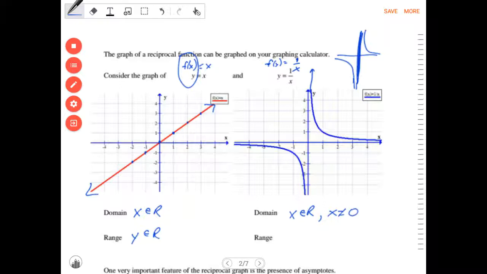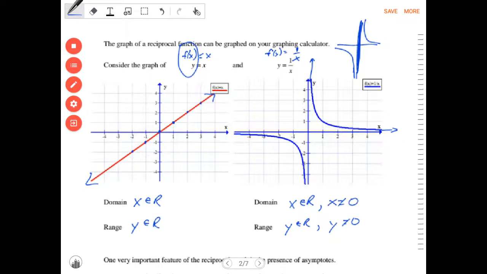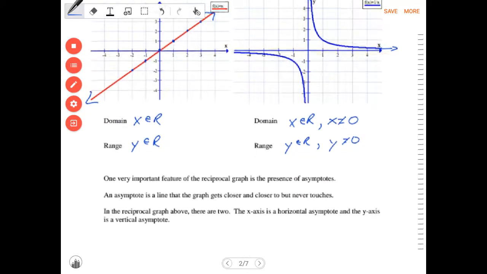And the same thing happens along the x-axis, which of course is y equals 0. So y is also an element of the reals, but y cannot equal 0. Interesting. You're probably thinking, what's going on with that?